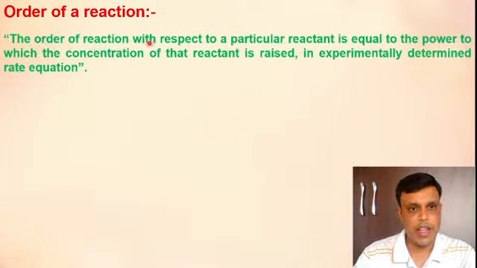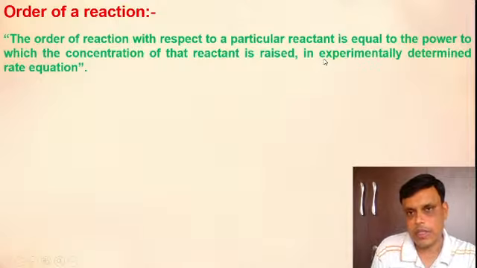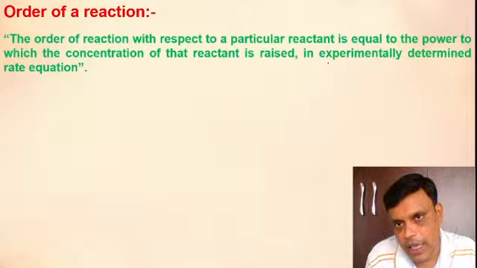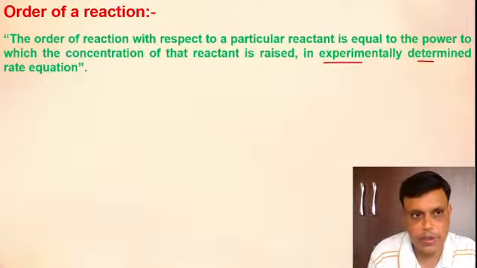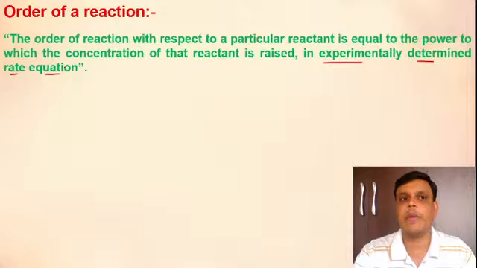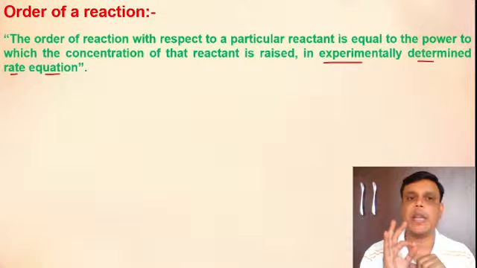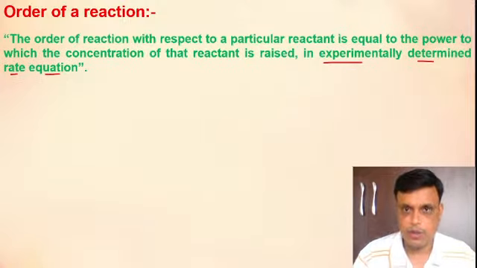The order of a reaction with respect to a particular reactant is equal to the power to which the concentration of that reactant is raised in the experimentally determined rate equation. Now see this word, experimentally determined rate equation. That means this order of reaction is based on an experimentally determined rate equation. So this order of reaction is an experimental quantity. Please remember this.